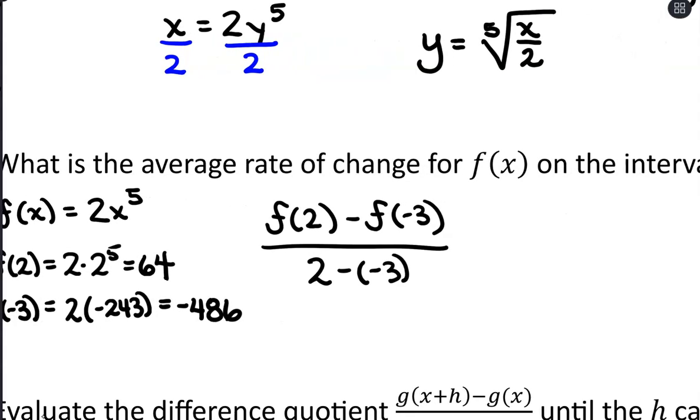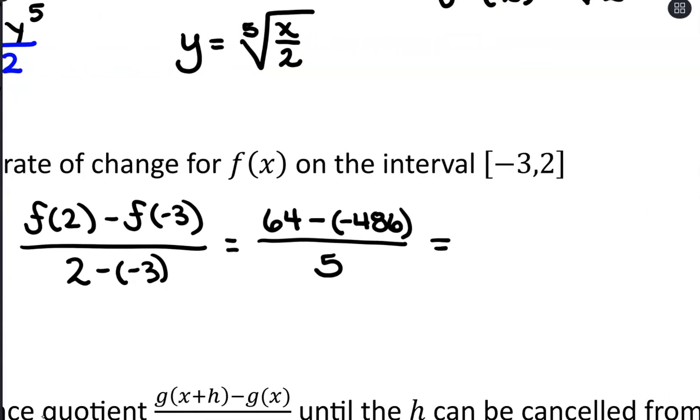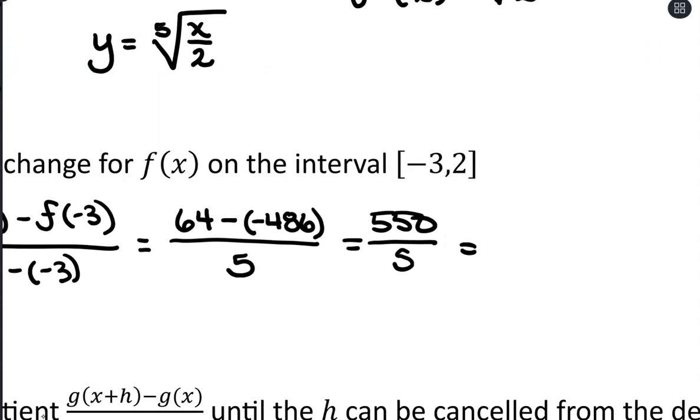Okay, so f of 2 is equal to 64, and then we're going to subtract a negative 486 all over 2 plus 3, which is 5. And let's go ahead and simplify that down. So 64 plus 486 is 550, divide that by 5. So we're going to have an average rate of change of 110.